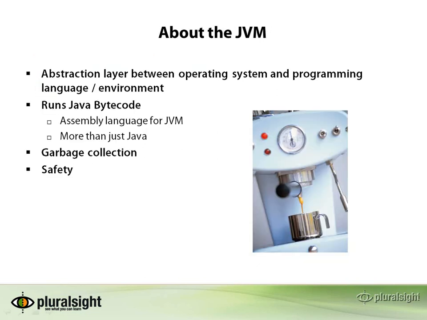So a little bit more about the JVM. It's basically an abstraction layer. We talked about how a virtual machine lets you abstract away the operating system and run your application on multiple operating systems and have them run the same way, without having to create different source code or do ifs inside your source code based on the operating system.